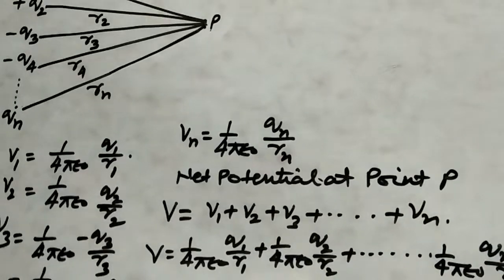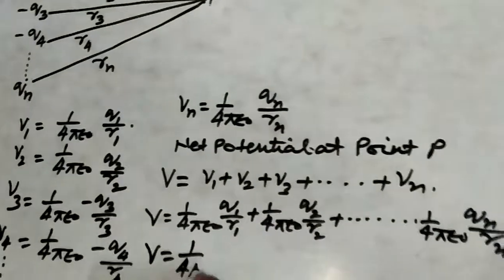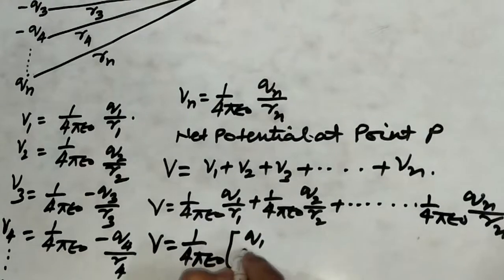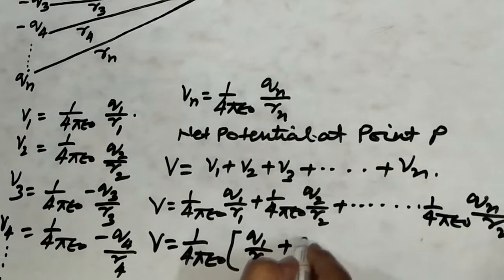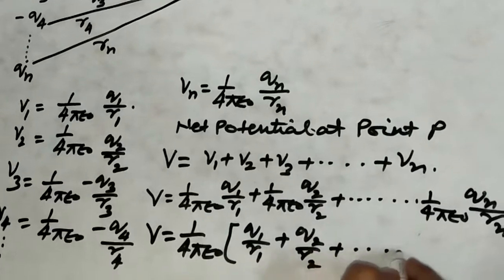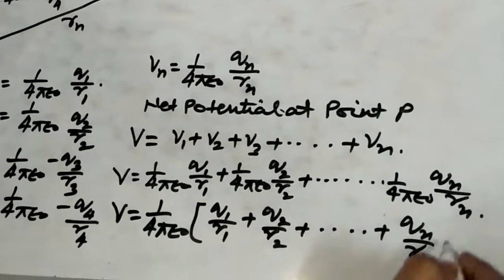And for finding this net potential, we can write V is equal to 1 upon 4 pi epsilon naught, in brackets you can write Q1 upon R1 plus Q2 upon R2 plus up to Qn upon Rn.